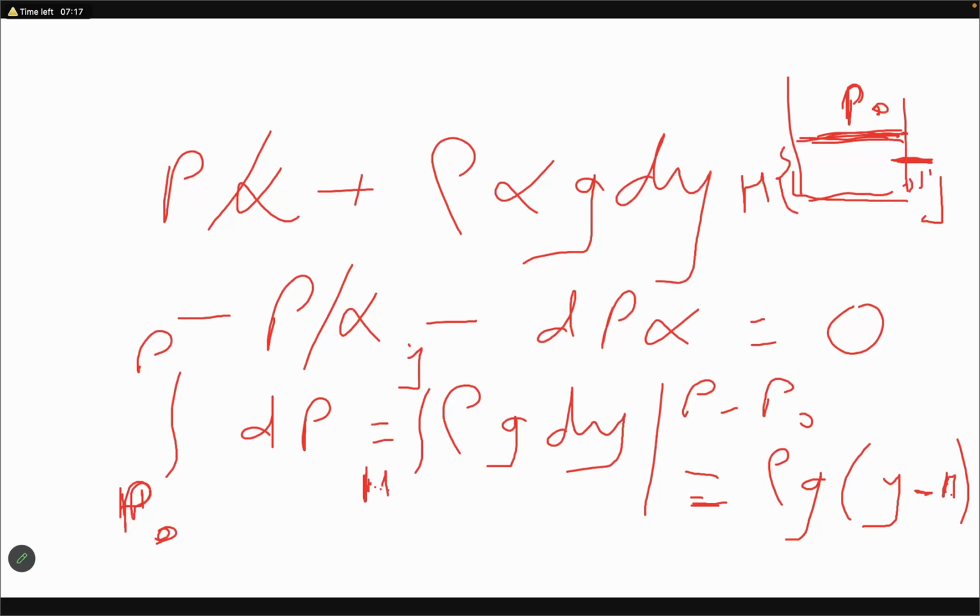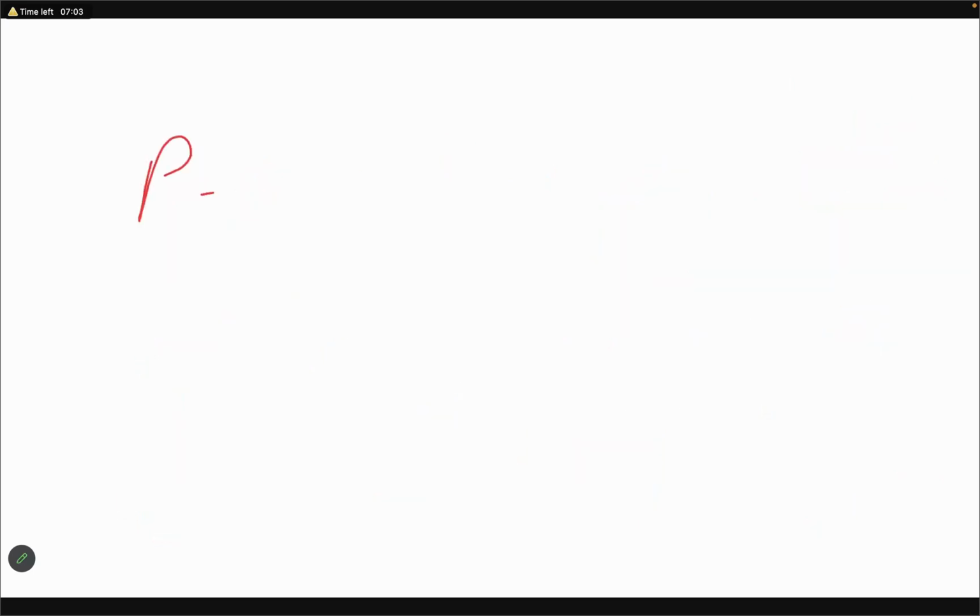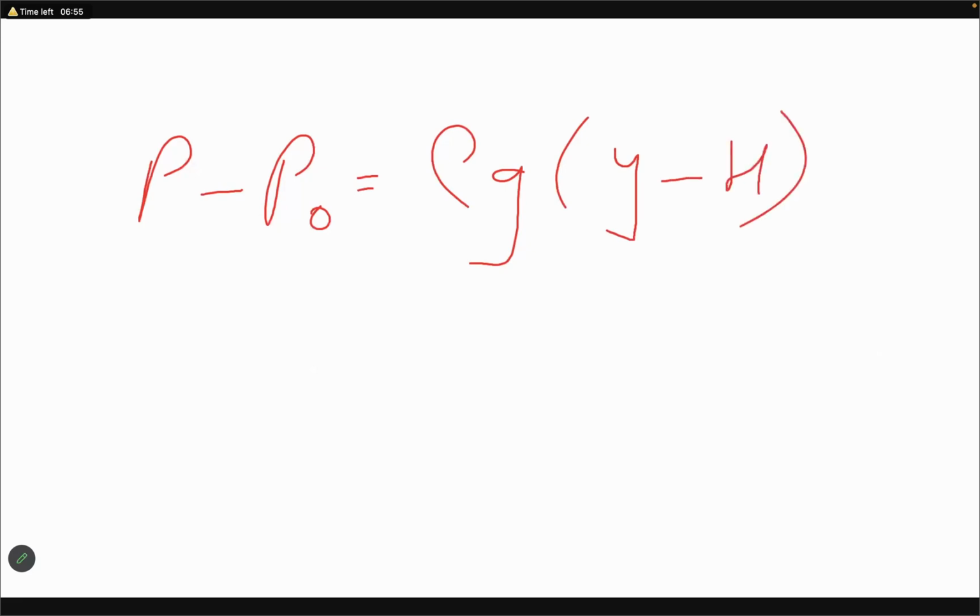So no, none of us said anything. Okay, so P minus P naught is equal to rho G Y minus H is what we got, correct? I rewrite that equation. P minus P naught, P minus P naught is equal to rho G Y minus capital H is what we are getting.